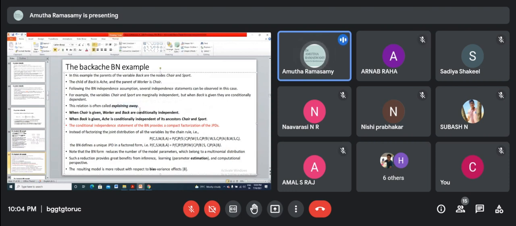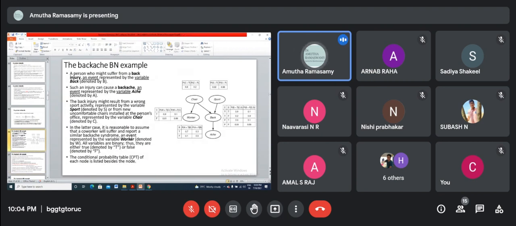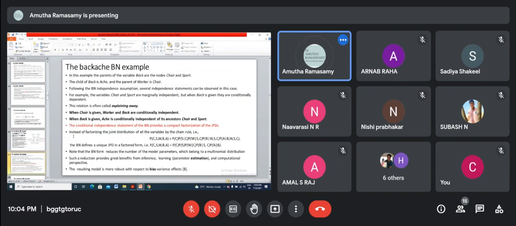Now, when chair is given, worker and back are conditionally independent. Once chair is given, workers and back are conditionally independent. When back is given, ache is conditionally independent of its ancestors, chair and sport.